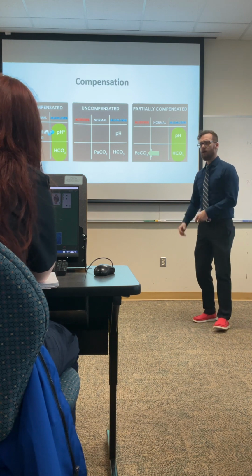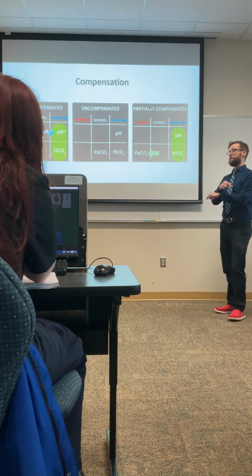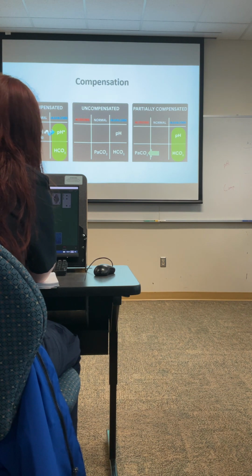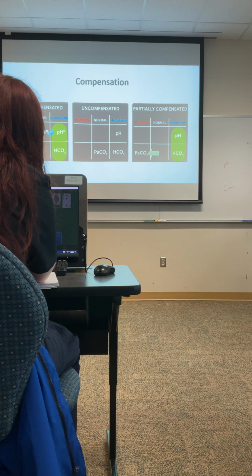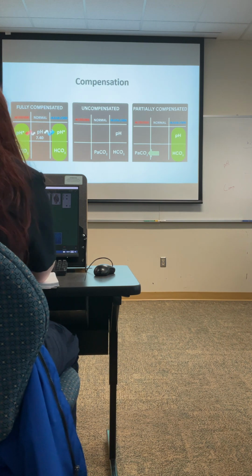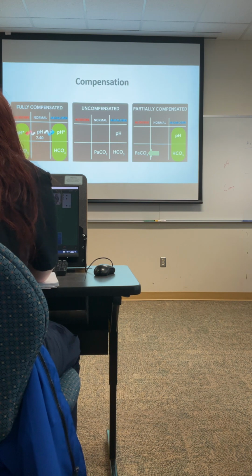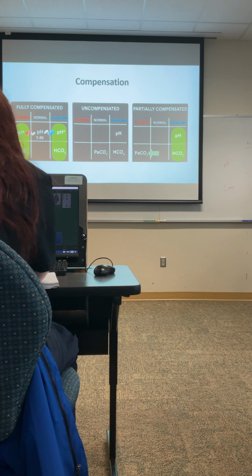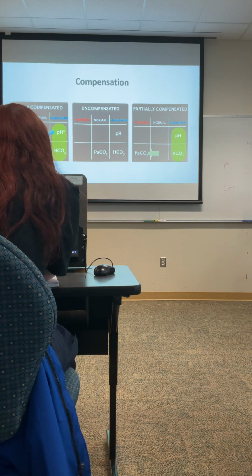I'm wondering if I shouldn't teach this all backwards: the normal state for everyone is that my CO2 is here and my HCO3 is here. And then one of these will start to shift. What would a patient be doing that their CO2 would start to shift higher and higher? What is happening with that patient?